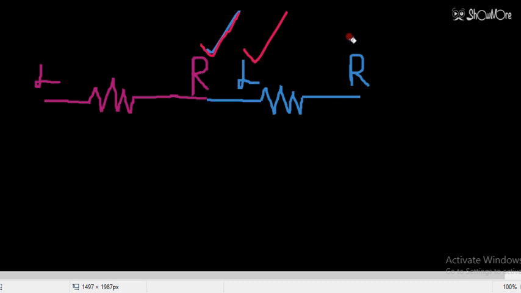In the same way, here the right end of the resistance is connected to the left end of another resistance. This is the right end and this is the left end.